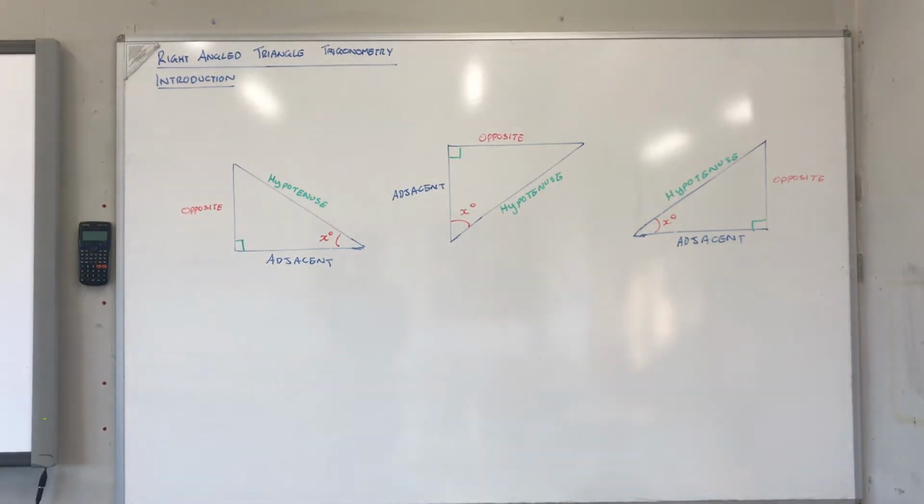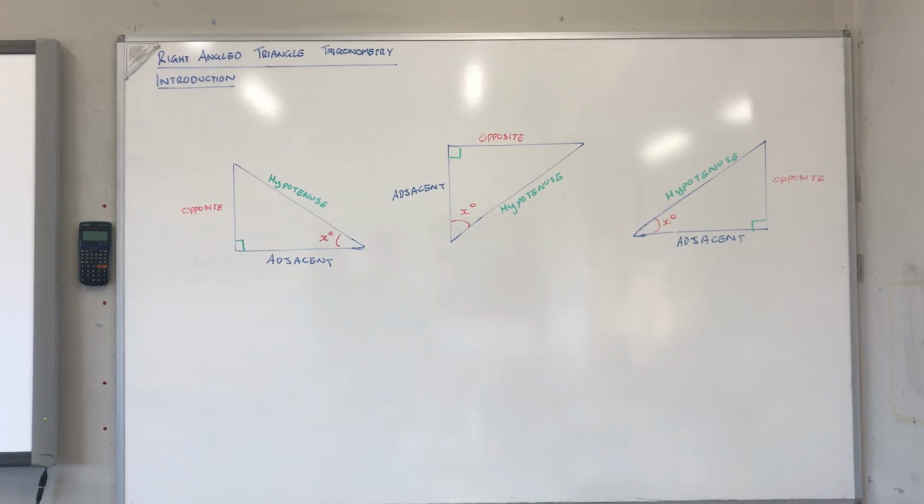And then what we can do from these, because all I've just done is name some triangles right now, is we can get three formulas, okay? One is called the sine, one is called the cosine, and one is called the tangent of the angle, okay? So it's going to be called sine x, cosine x, and tan x.